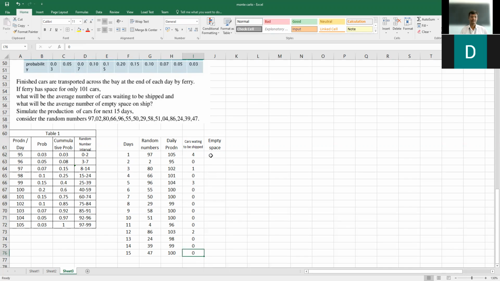So on the first day we are producing 105 units. Out of that 105 units, our vehicle has the capacity to transport 101 cars. So 101 cars are taken to the market, and the remaining 4 cars will be left in the factory. So they are waiting for the next turn to get transported to the market.